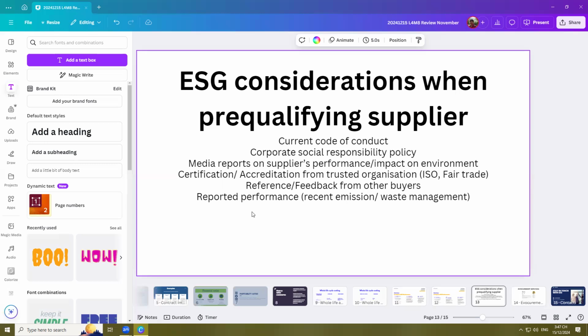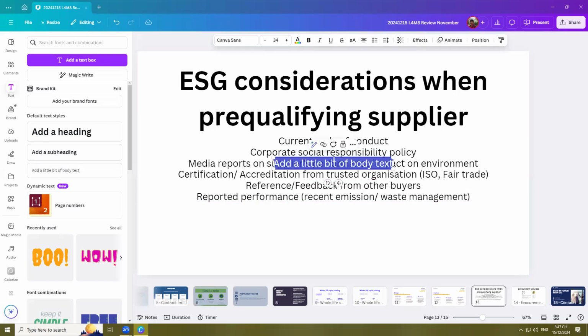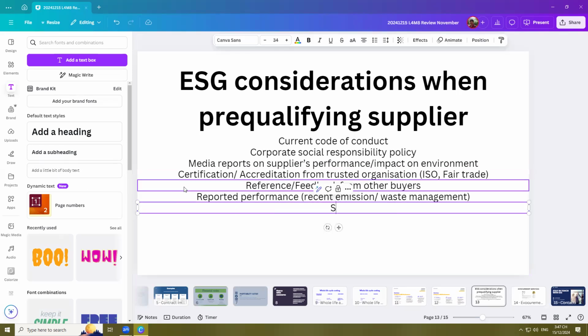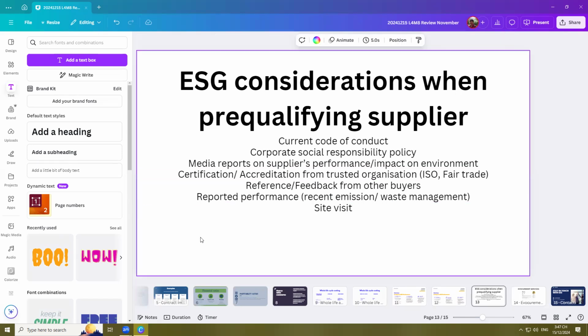And we can rely our assessment on certain certification or accreditation, or we can do some kind of site visit, direct visit. Okay, see how they are managing their performance, and whether it is good or good enough in our standard.